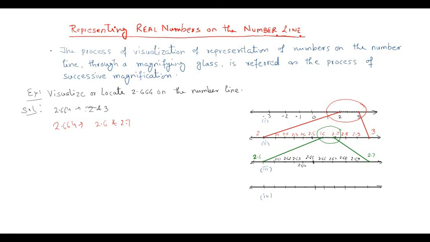Now we will look at where this number lies. It will be somewhere between 2.66 and 2.67, since 2.664 is closer to 2.66.